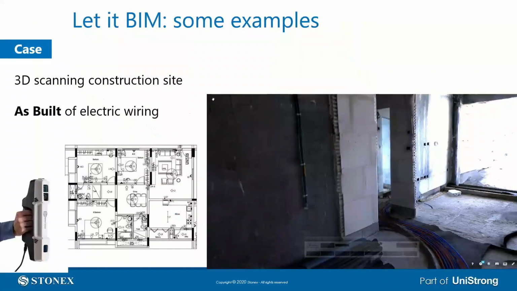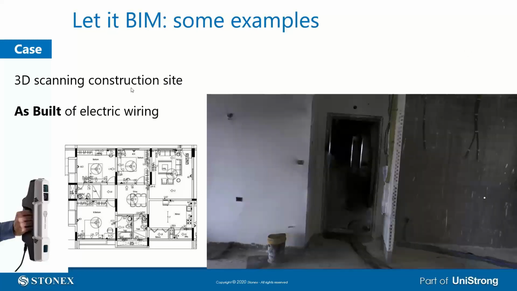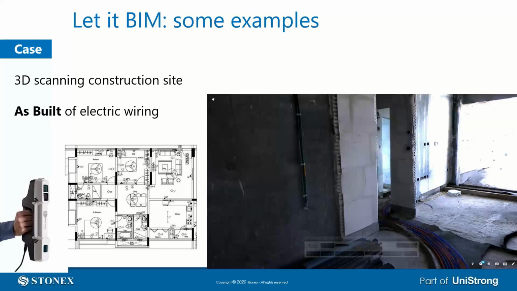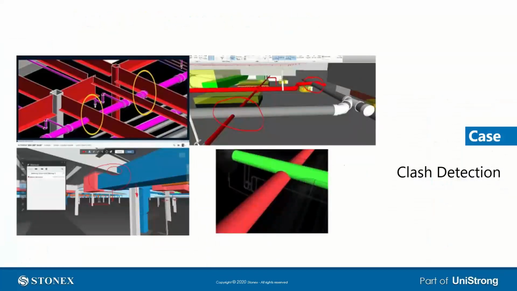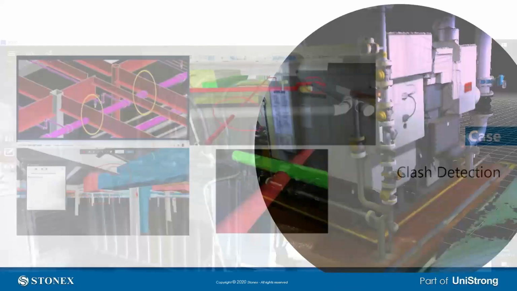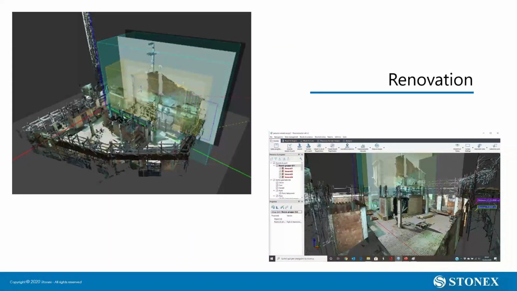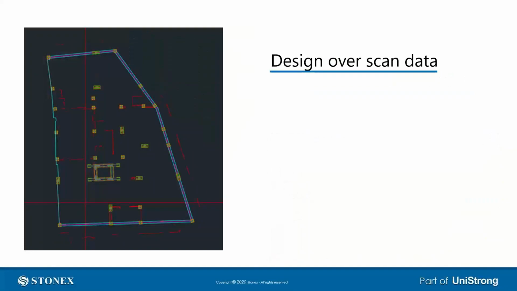And we have seen in the previous webinar some examples of how this can be used in BIM for as-built analysis, for clash detection, for facility management and inventories, for designing and renovating overall buildings, and to use the scan as a base to design new parts and new add-ons of the structure.